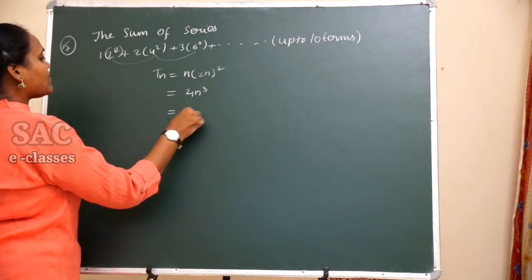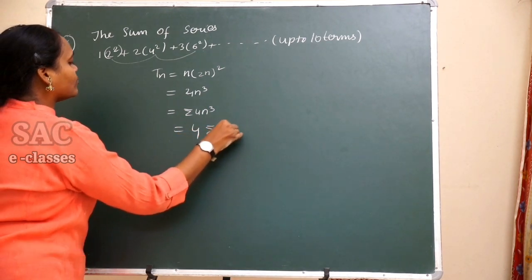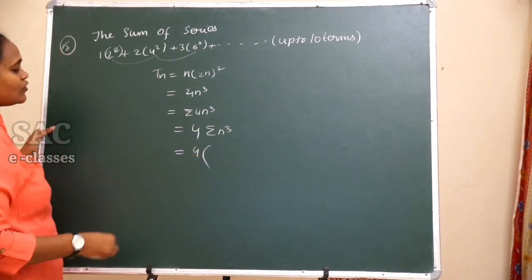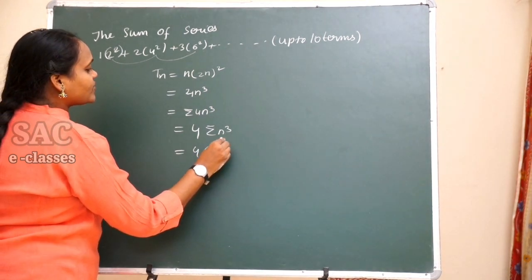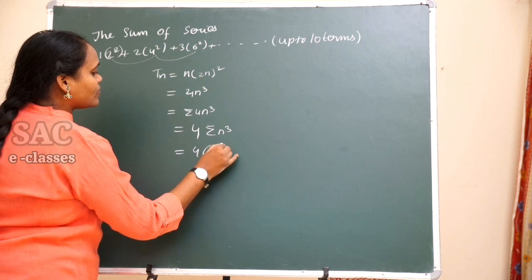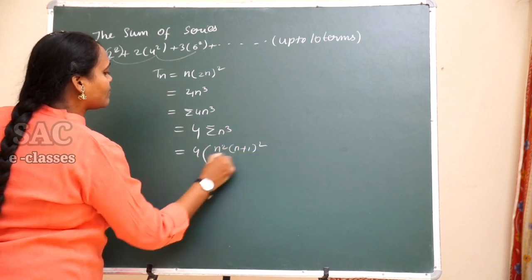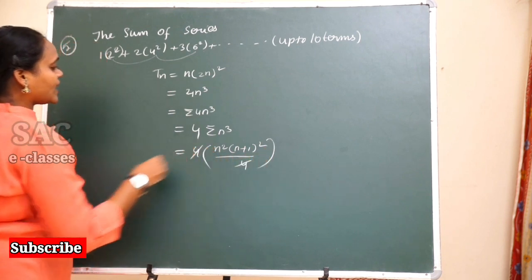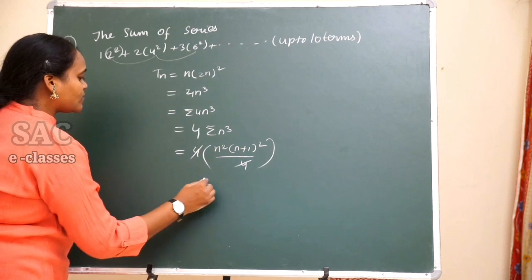You know that sigma 4n cube is equal to 4 into sigma n cube. Sigma n cube means the sum of the first n cubes of the natural numbers. So what is the sigma n cube formula? N square into n plus 1 whole square by 4. 4 cancel. Then you get n square into n plus 1 whole square.